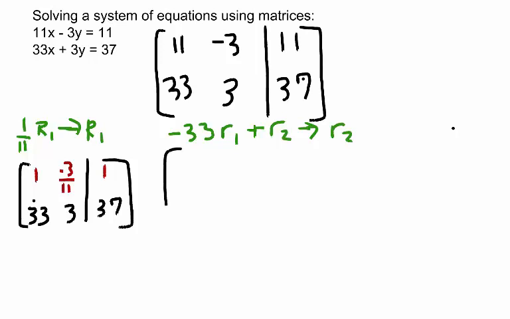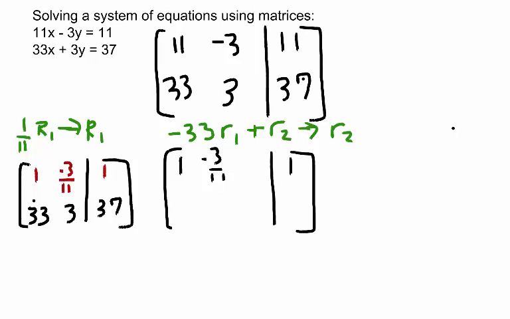So we'll sketch a new matrix. In the top we have 1, -3/11, and 1. And to find our new values for row 2, we're going to multiply -33 by row 1.